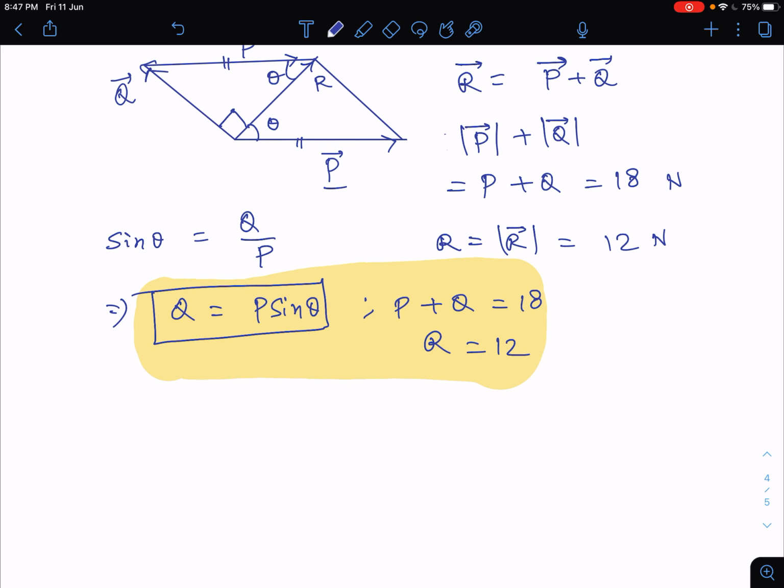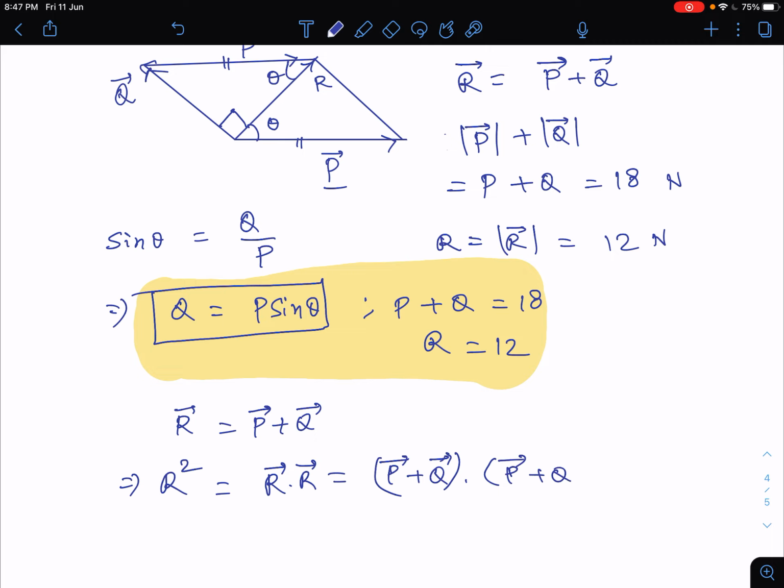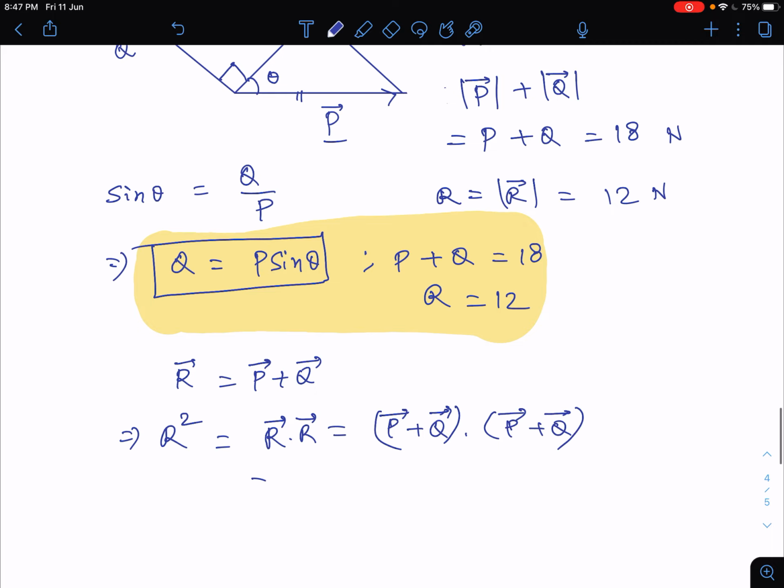Now you know that R is P plus Q. What is R square? R square is R dot R, that is P plus Q dotted with P plus Q. The first term gives P square, plus 2P dot Q, since Q dot P and P dot Q are the same as the dot product of two vectors commutes.